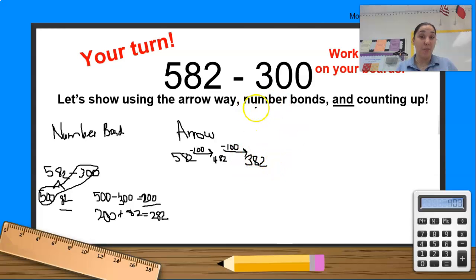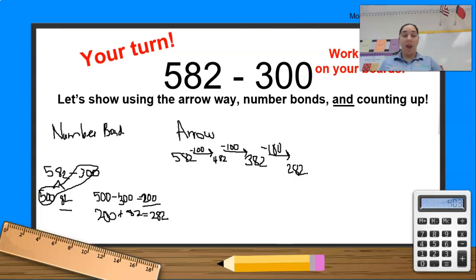No, I'm not all the way there. I haven't taken away 300. Look, I've only done 100 and 200. Now 382 minus 100. And that gives me 282, boys and girls. Look, same thing I told you.